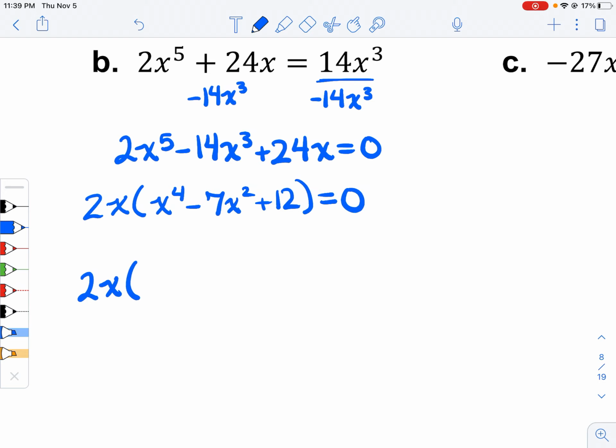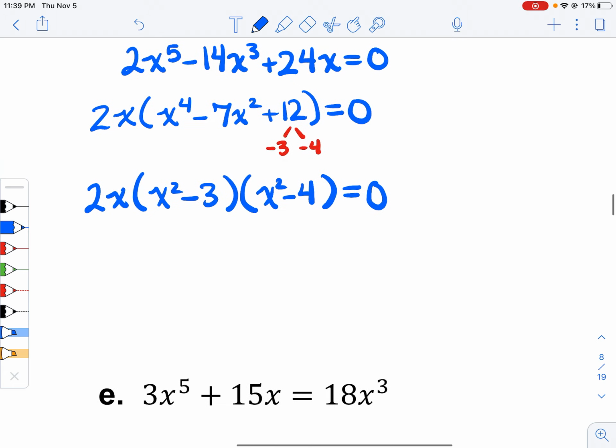So we're going to use this trick again, x squared and an x squared. What multiplies to 12 but adds to negative 7 would be negative 3 and negative 4 will get us there. So minus 3, minus 4. Now we need to check.